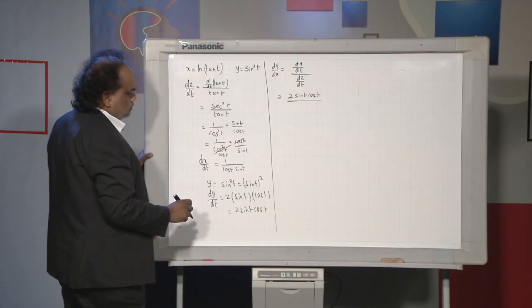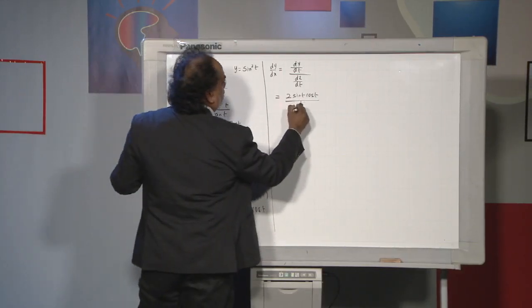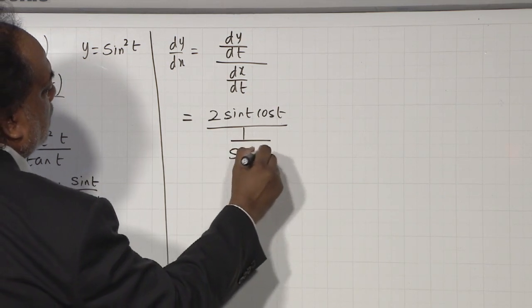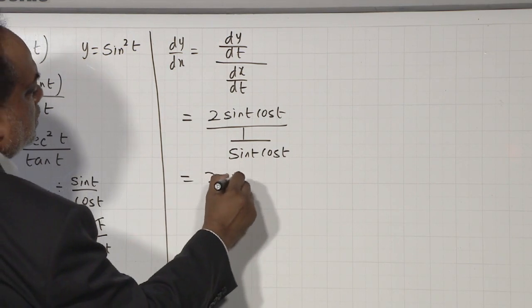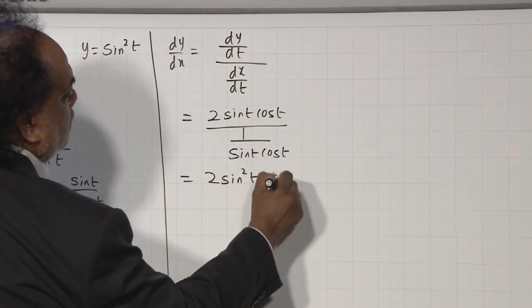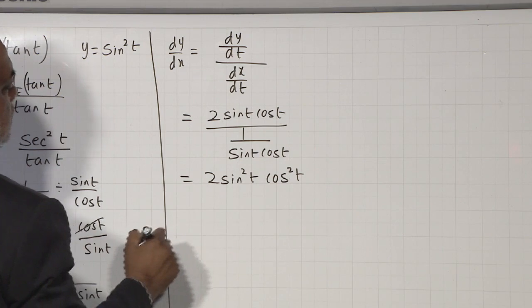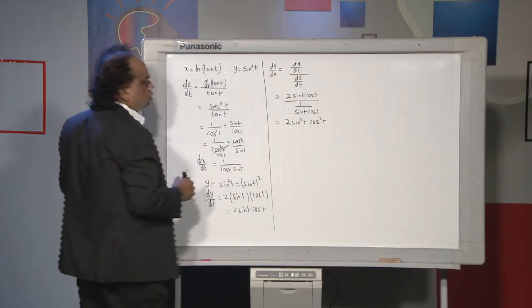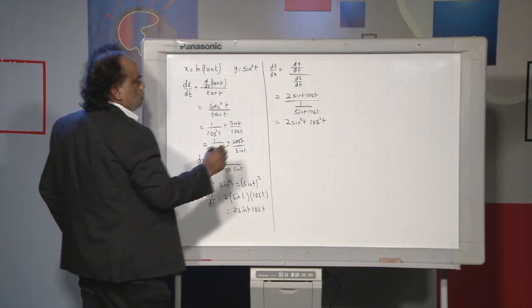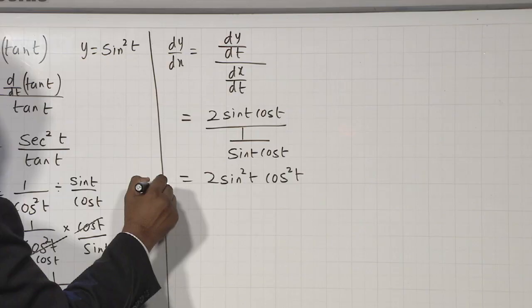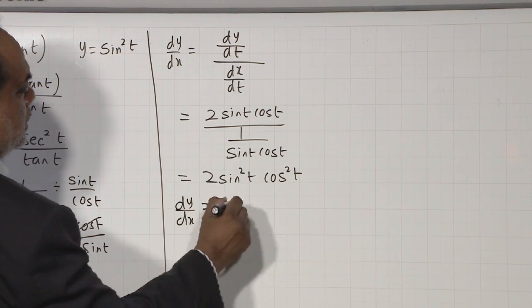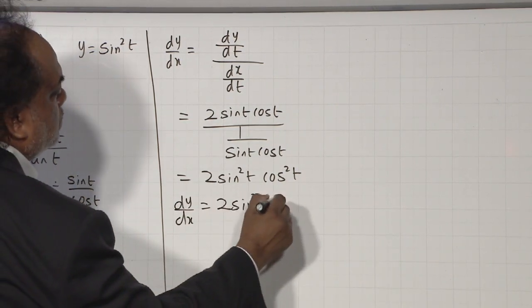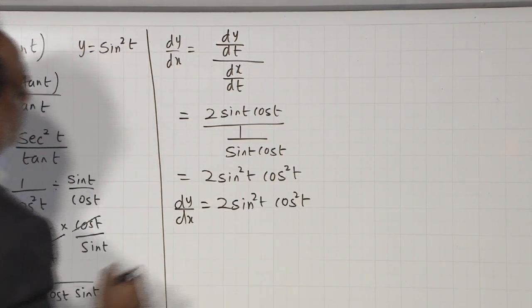What is dx by dt? 1 over sine t cos t. So this gives us 2 sine squared t cos squared t. This is dy by dx. So this is what we were asked to show. Dy by dx is 2 sine squared t cos squared t.